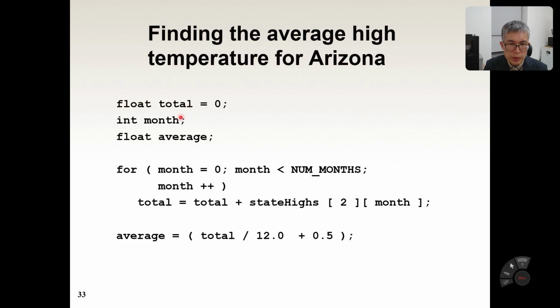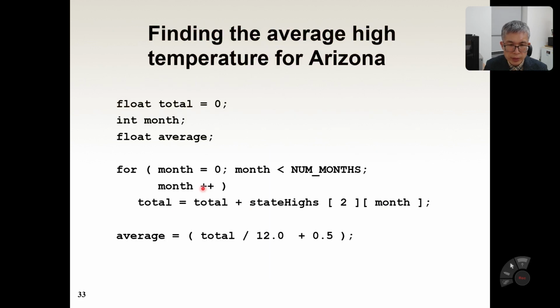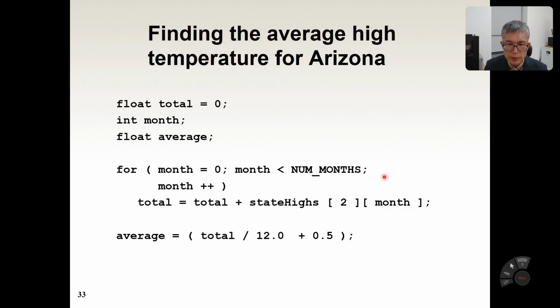So total and month average, right? So month is 0 up to num months, which is 12, and then it increases the total, and then the average first, right? The state high 2 row is picked because this is picked. These column items we can sum up, and then we can average by dividing by 12.